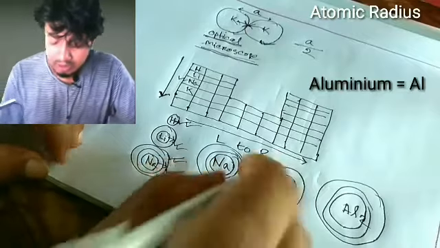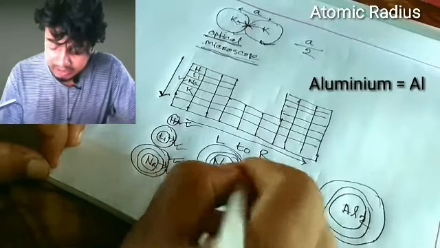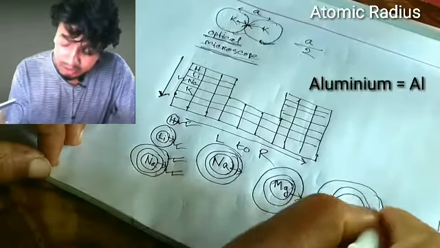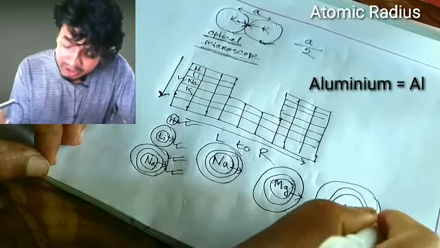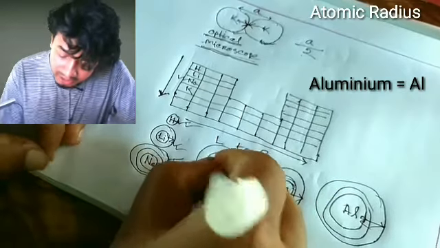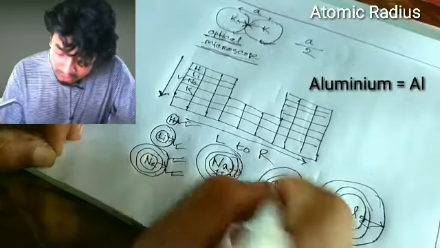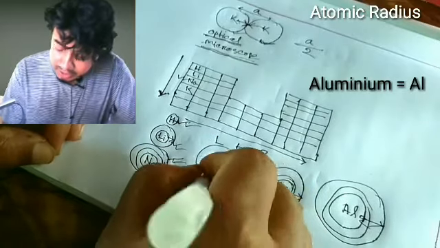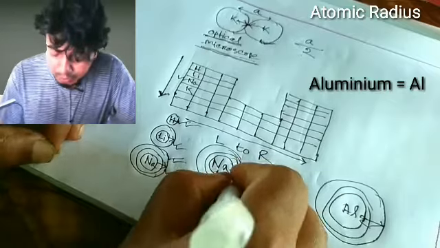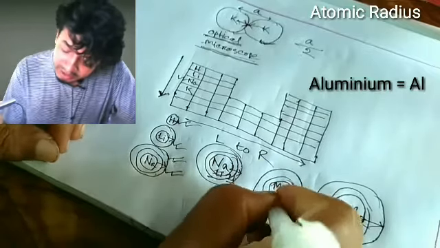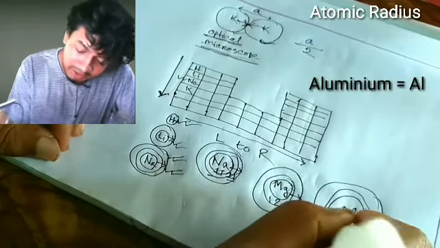So you can see that the shell number is not increasing, but what is happening here is the electron number and the proton number. Sodium has 11 electrons and 11 protons, magnesium has 12 and aluminum has 13.